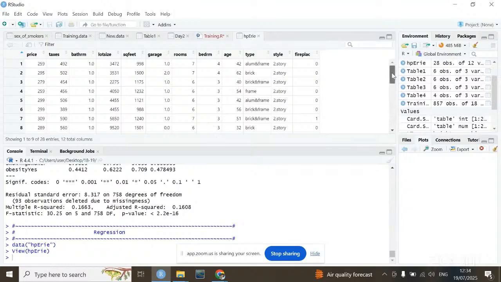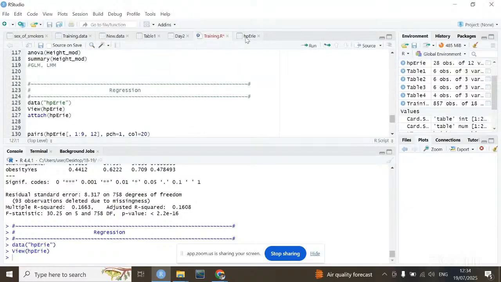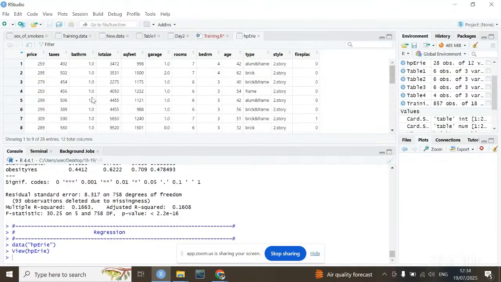So this is the data. We have the price, we have taxes, bathroom, lot size, the square feet of the houses, the garage, the number of rooms, number of bedrooms, age and type of the house, then the style, and whether the house is having fireplace or not.